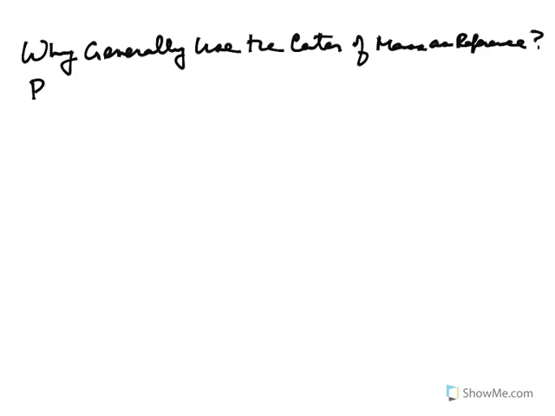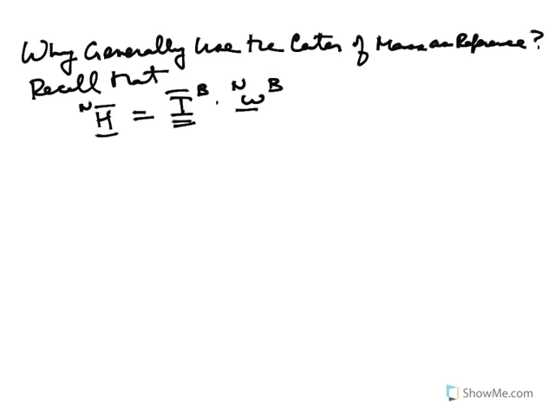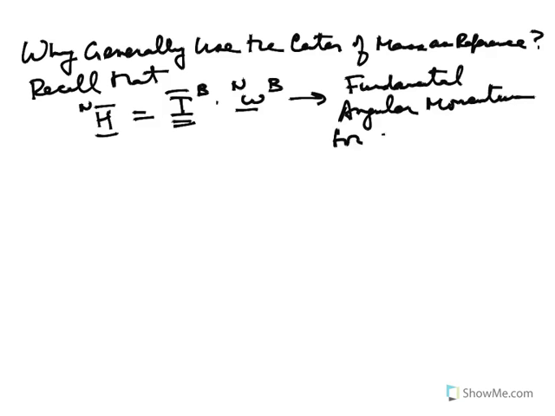Well, recall that the angular momentum relative to the center of mass is equal to the moment of inertia of the body multiplied by the angular velocity of the body in the inertial frame. This is the fundamental angular momentum for a rigid body. So unless you've got a reason to move to another point, you don't want to use anything else.